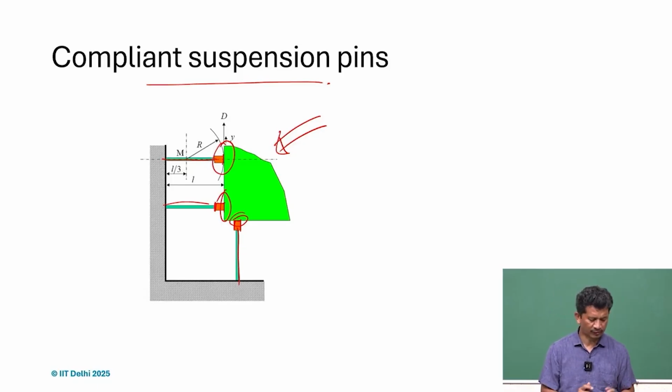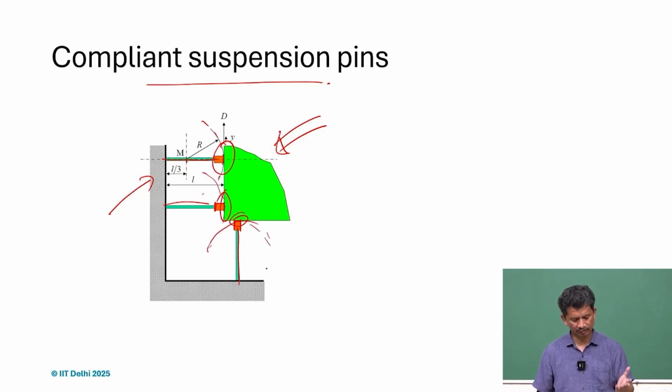Of course, we have to make sure that the deflections are small. What we also learned is that if we take just one compliant member or a strip or leaf spring, at 1/3 from one end and 2/3 from the other end, it will be equivalent to a kind of spherical ball. So be aware of that, and accordingly we can design. But yes, compliant mechanisms can always come to the rescue and can help.